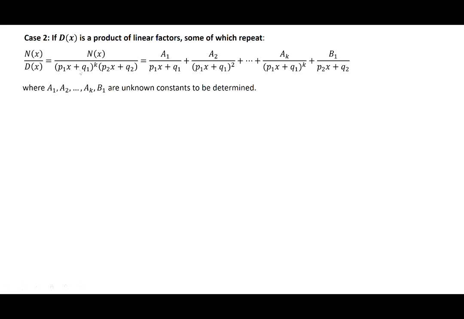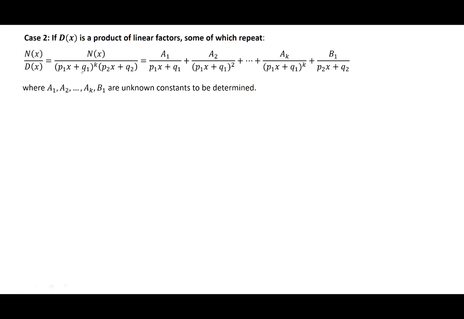So in that case, we have a linear factor for sure, p1x plus q1, but it is repeating. Like if this were to be p1x plus q1 squared, then we are talking about the factor repeating twice. Whereas if it's a cube, we are talking about repeating 3 times, and so on.